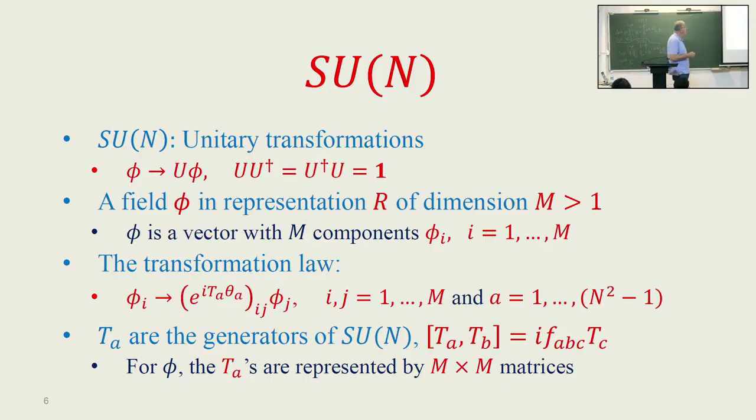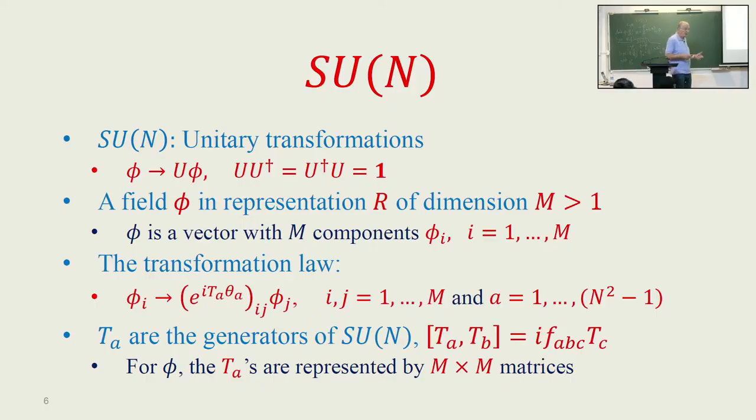Okay, so if phi is a triplet, if it has 3 components, then U is a 3 by 3 matrix. But these U's are not any matrix, but unitary matrix, namely U times U dagger, transpose and complex conjugate, equals U dagger U, equals a unit matrix.